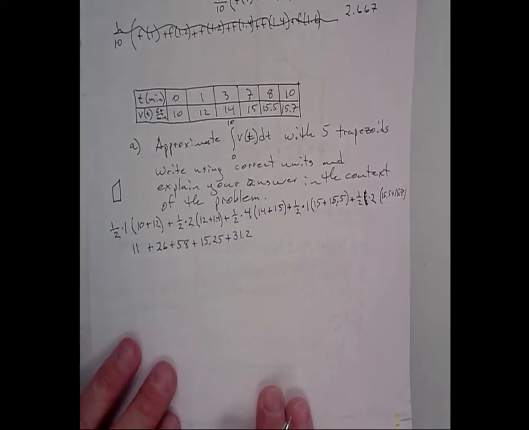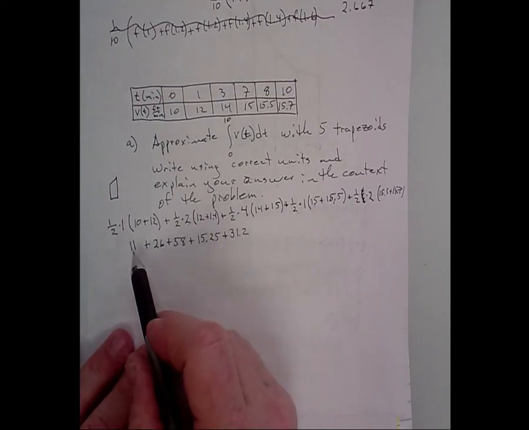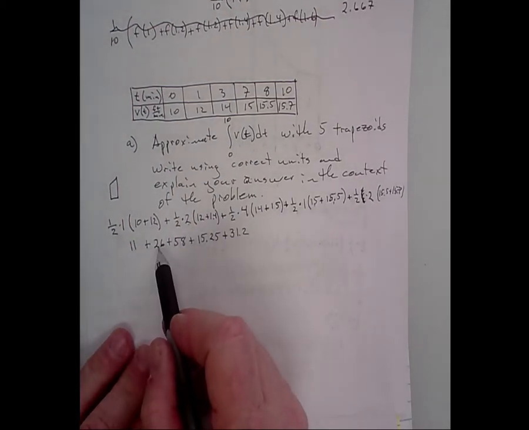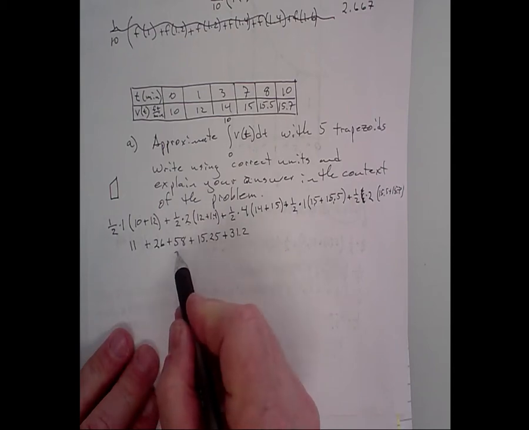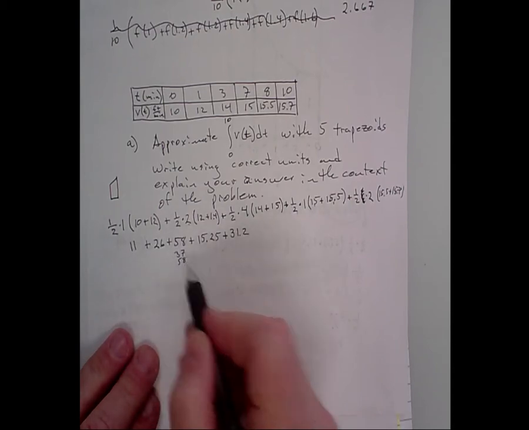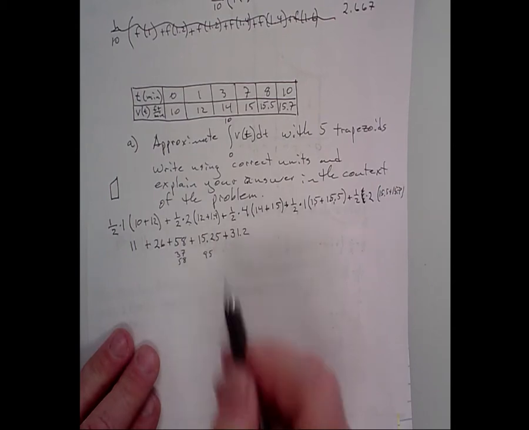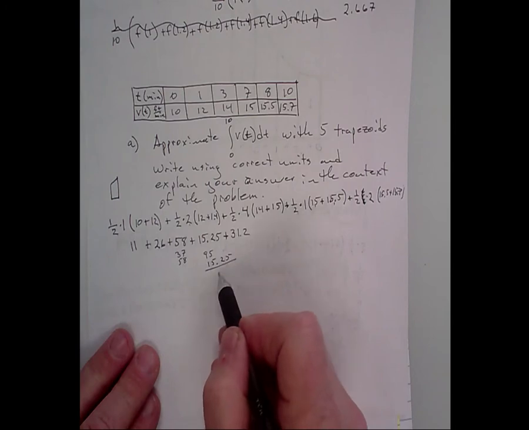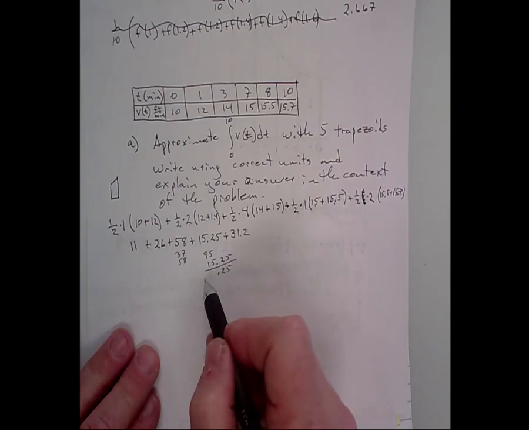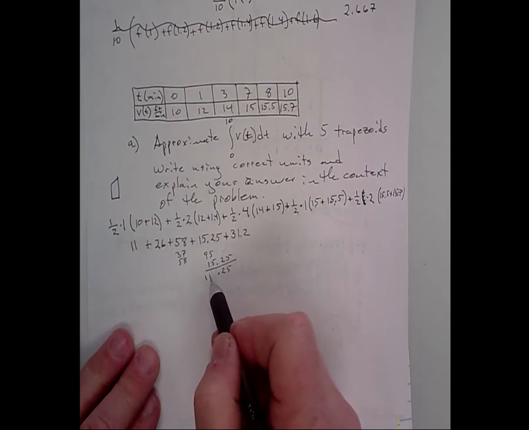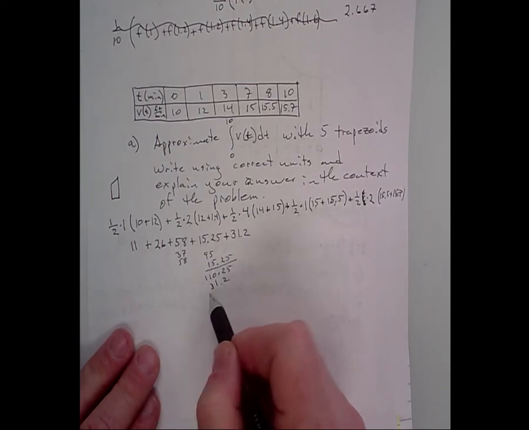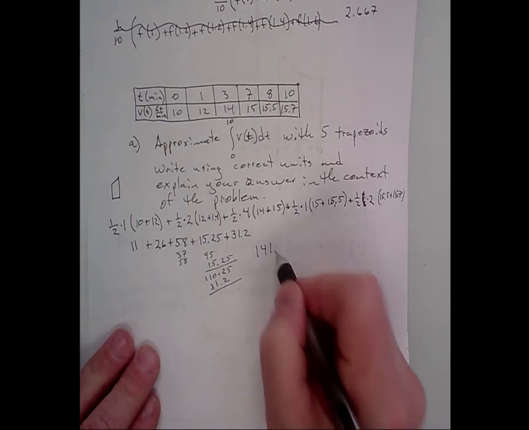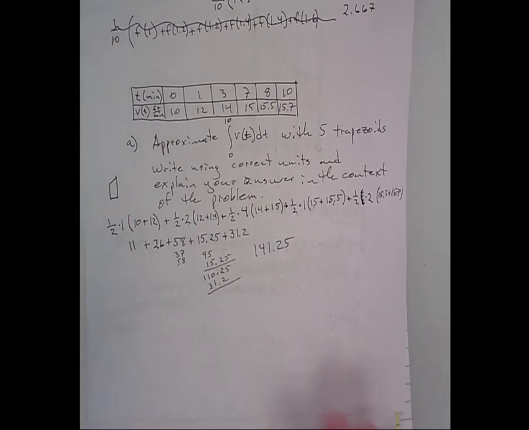So I'm going to add this up. 11 plus 26 is 37. 37 plus 58 is 95. 95 plus 15.25 ends with a 0.25, and it is 110.25. And 110.25 plus 31.2 is 141.45, right?